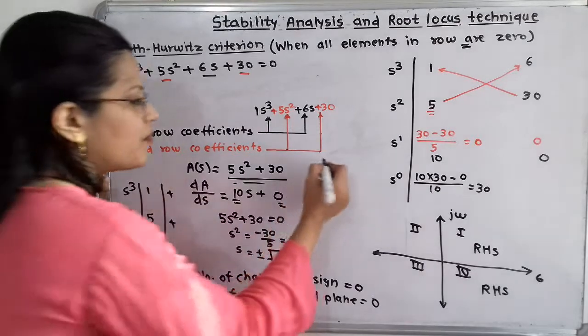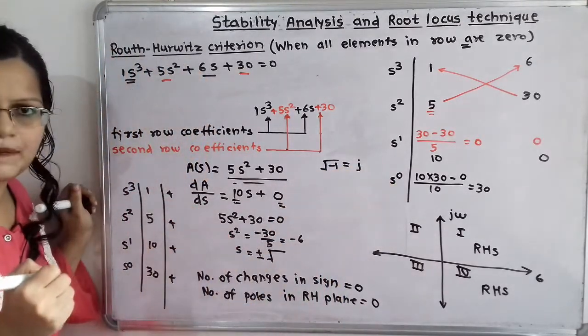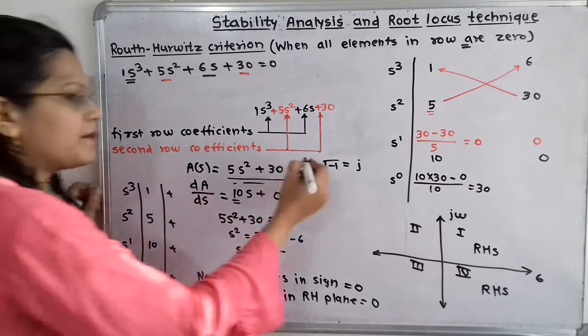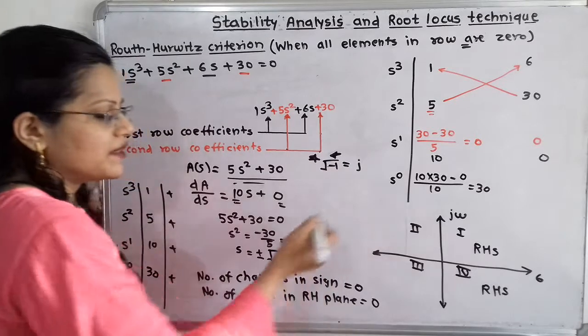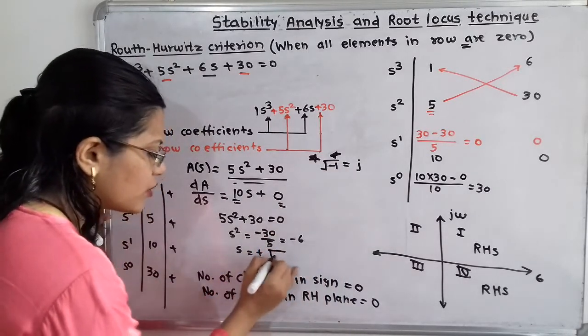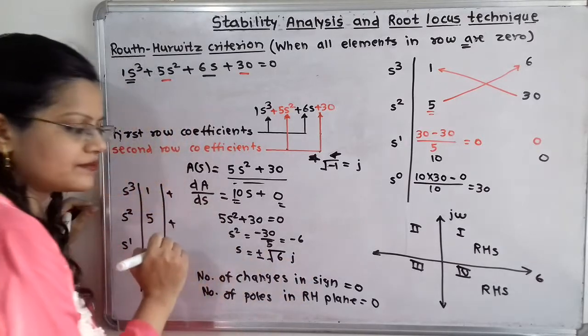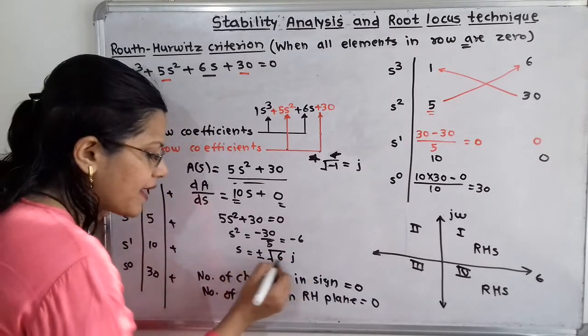Under root of minus 1 we consider as j. Remember, this is a very important point: under root of minus 1 is nothing but j. So the roots are plus root 6 j and minus root 6 j.